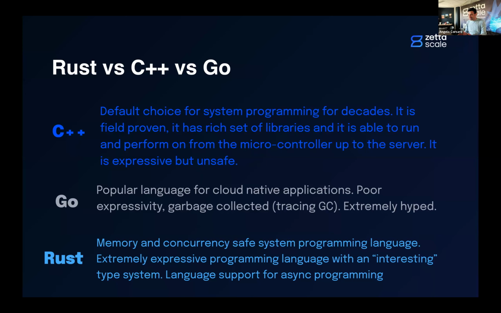It's like, what the hell? And on top of that, we had to pay for a tracing garbage collector. So we said, no way. Despite pressure from some customers, we said, forget about Go.